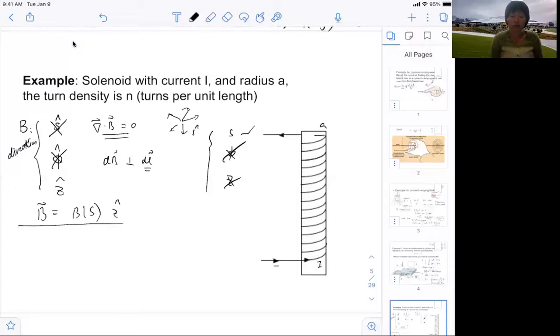So how do we draw an Ampere loop to calculate the B field inside the solenoid? We will do that for the outside again, but we can do either inside or outside first. But first of all, we have to decide what shape of loop we draw, right? What kind of shape of loop do you want to draw?